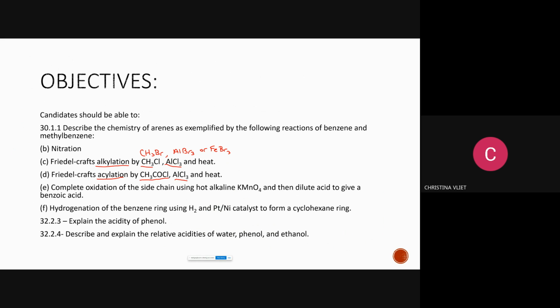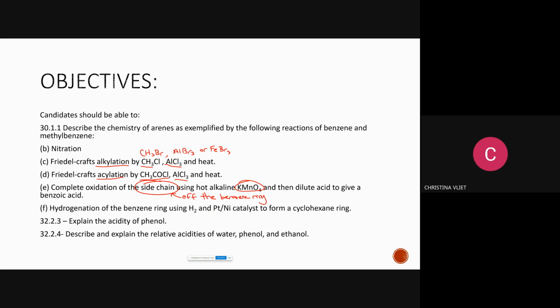And then it also says we need this reaction to oxidize, complete oxidation of the side chain. This means the chain that's off the benzene ring. And KMnO4 is back today. We haven't seen KMnO4 for a long time, but that's one of our big oxidizers. It's what we use to oxidize. So we'll be looking at what KMnO4 does with benzene side chains.